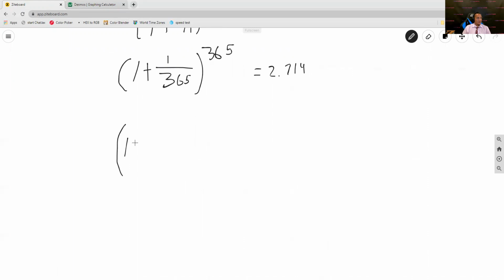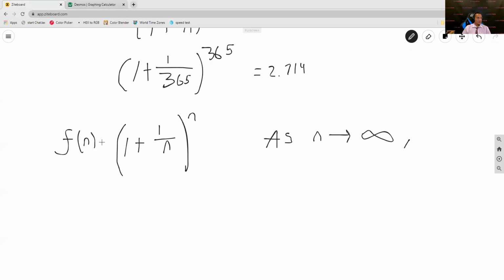So Bernoulli saw this: as n gets bigger and bigger, or in other words, as n goes to infinity, then the function, I'll call this f of n for short, goes towards one particular number, 2.718. And later, this number was called E after Leonhard Euler.